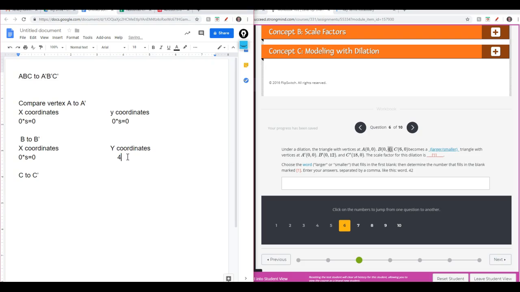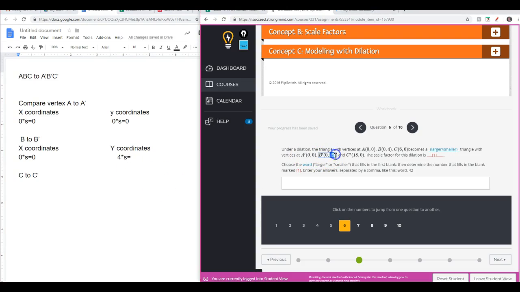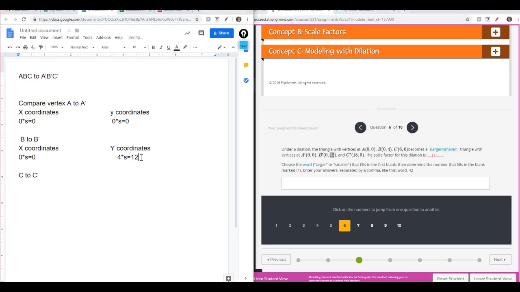So we have 4 times our scale factor is equal to B prime's Y coordinate, which is 12. Okay, I'm going to pause because we finally can do something. 4 times a number has to equal 12. Well, I know 4 times 3 equals 12, so I know that the S has to equal 3.